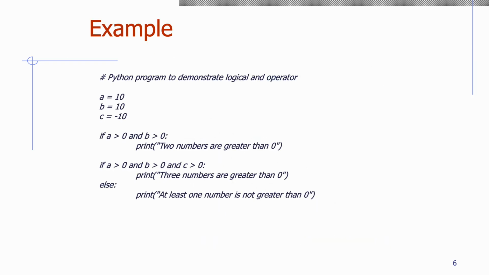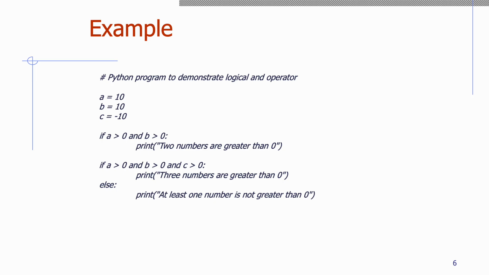Here is an example for the AND operator. We have three numbers here: A is equal to 10, B is 10, C is minus 10. If A is greater than 0 and B is greater than 0, we're going to print "two numbers are greater than 0". And we have another if statement here with else, a structure that we're going to cover later.